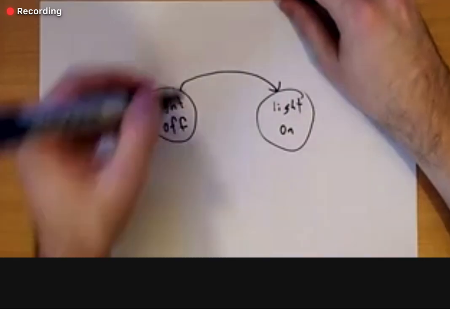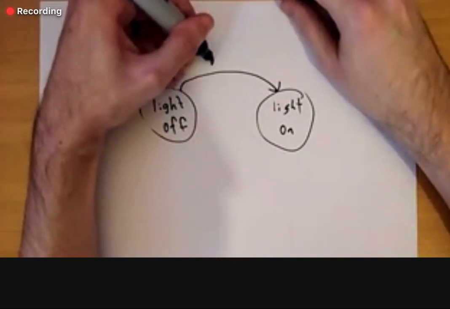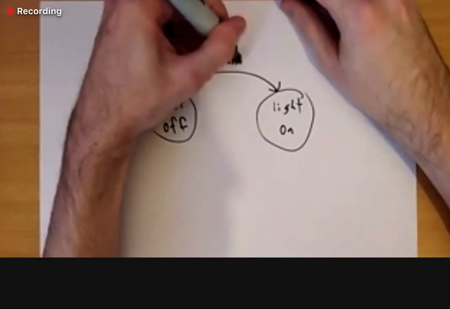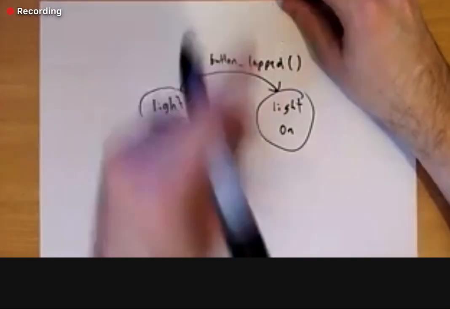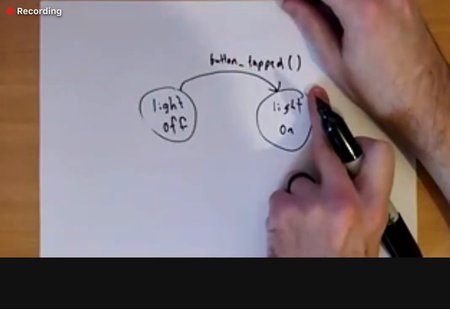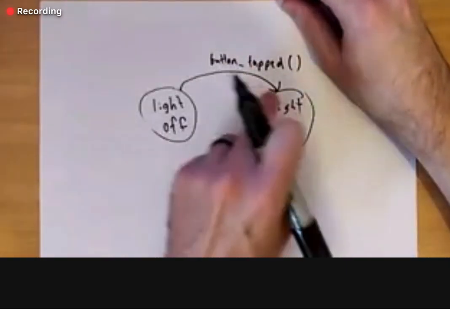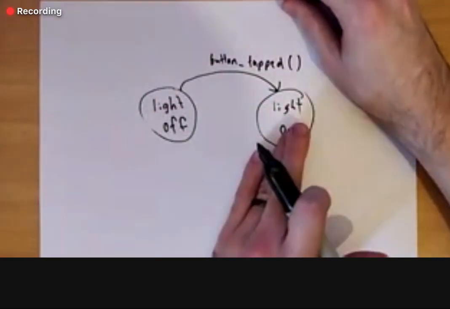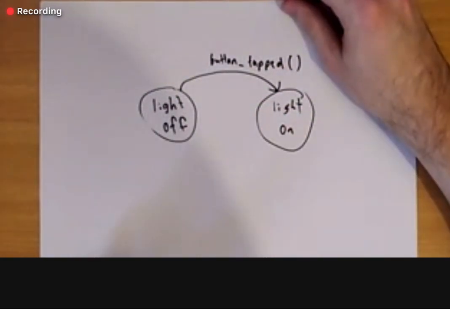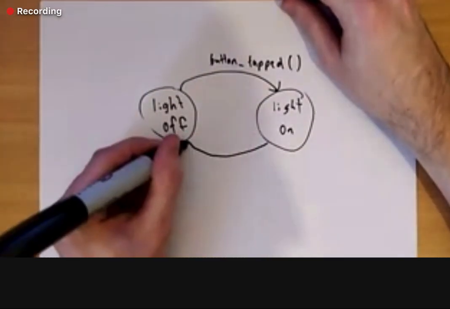And I'll draw a little arrow here, and this represents our event. The event is an arrow that moves us from one state to another state in a really basic state-based system. And similarly, we go back the other way.